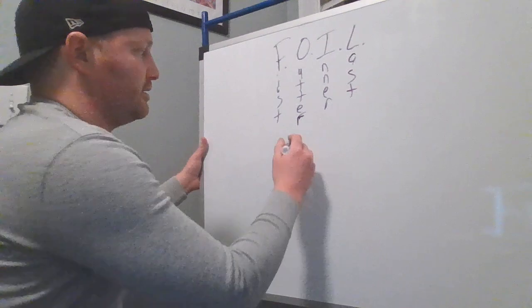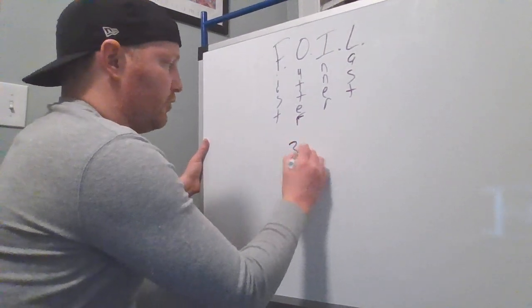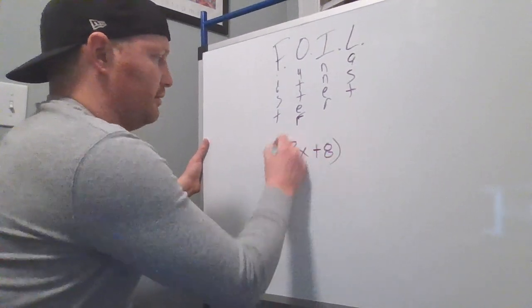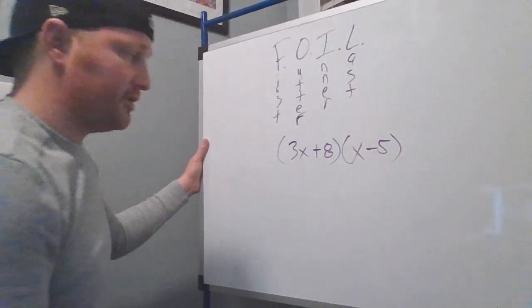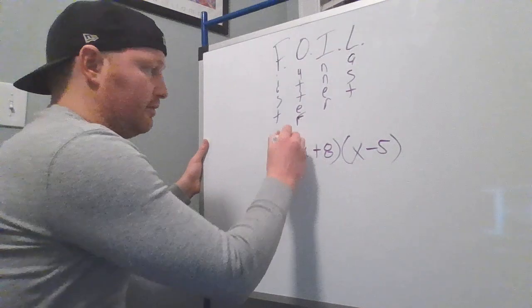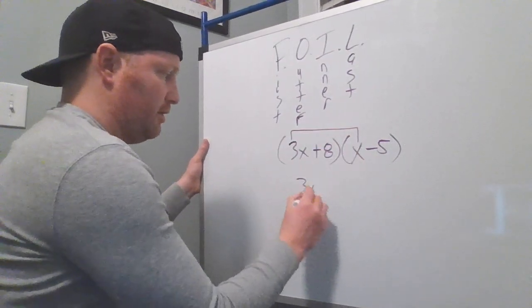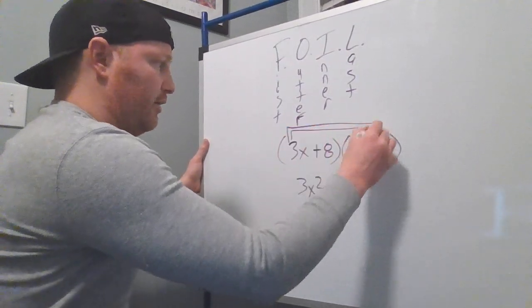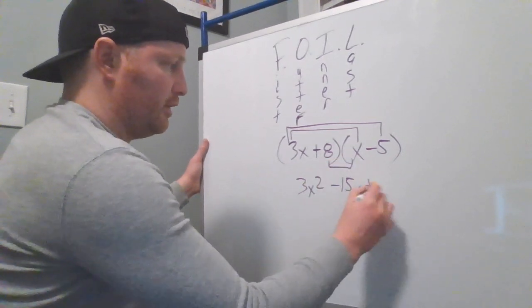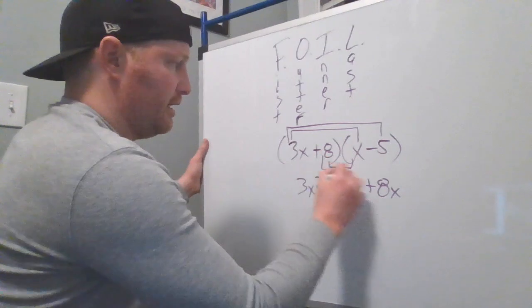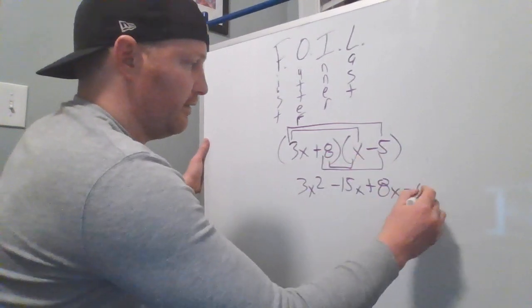The last one is, let's just call it (3x plus 8) times (x minus 5). Who knows? Who cares? Again, first 3x squared, outer negative 15x, inner plus 8x, and last negative 40.